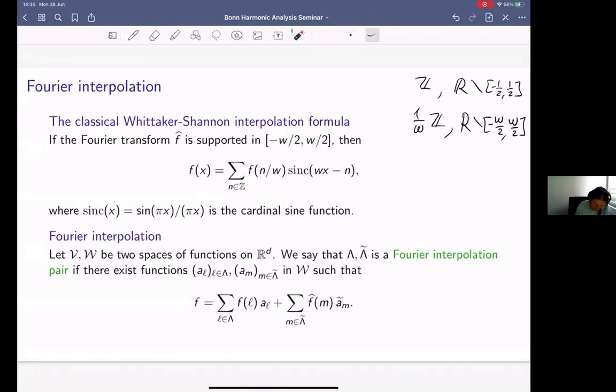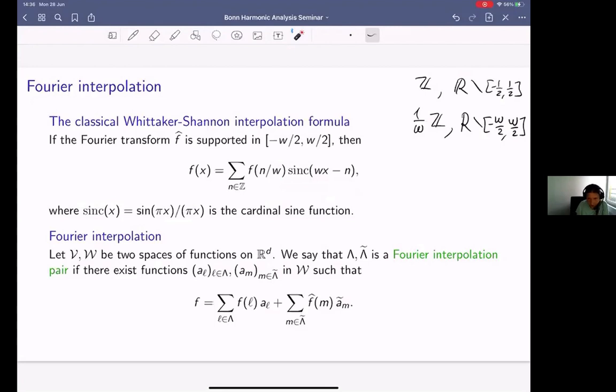And so we know that if our function has Fourier support on this interval, and namely if it belongs to this Paley-Wiener space, then if we know the values of function f at all integers divided by w, then we can reconstruct our function f back. The role of the interpolating basis here is played by the cardinal sine functions.